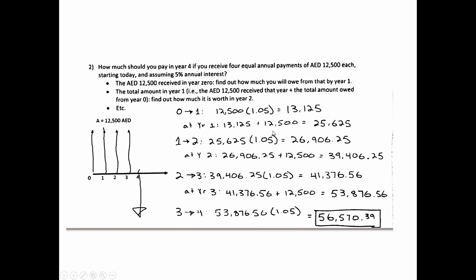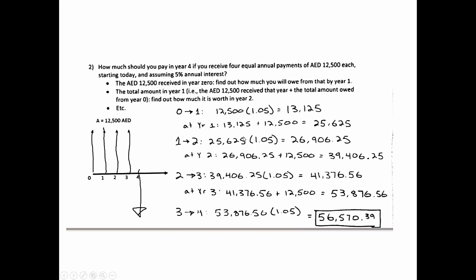But then they give you another 12,500 right at that same moment, and so now you owe them even more. You owe them the 13,125, related to the amount you received in year 0, and you also instantaneously owe them the 12,500 they just gave you. So this 25,625 represents how much you owe them after they've given you the second installment of the loan.